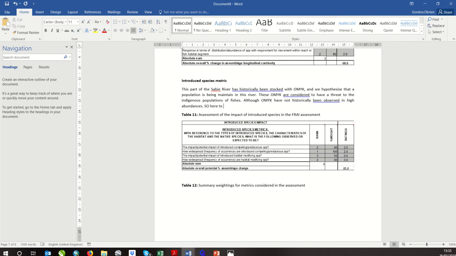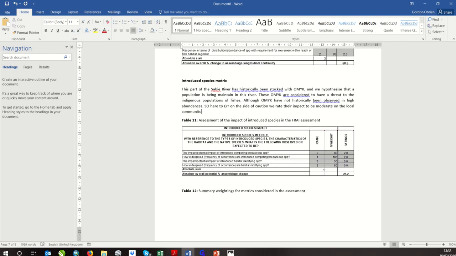So here, to err on the side of caution, we rate their impact to be moderate on the local community. Does that make sense, Pateni?